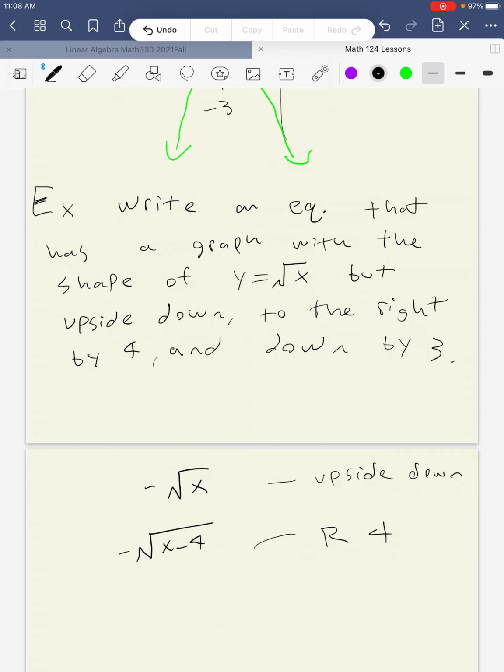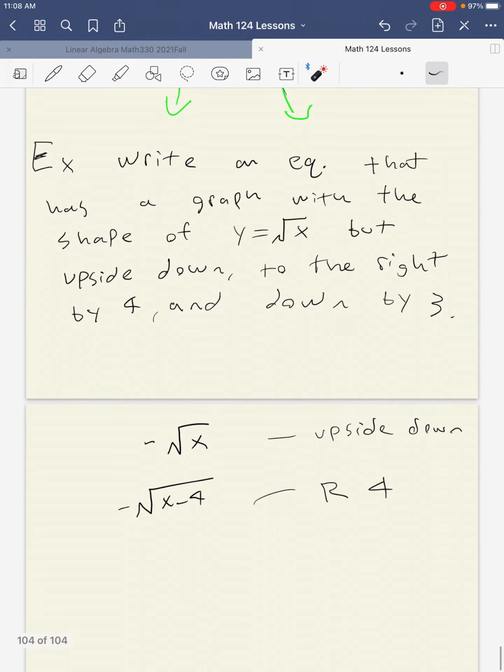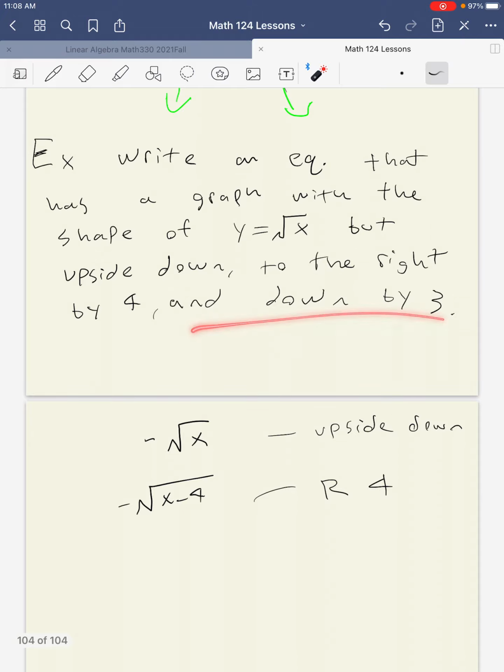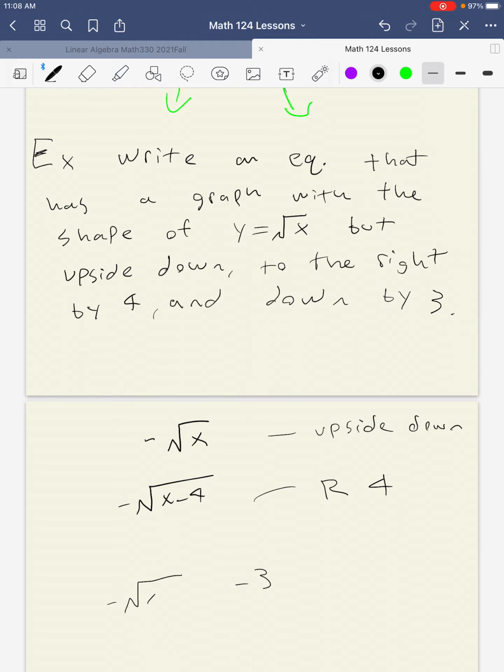That goes to the right by 4. Last transformation is down by 3. How we do that is we minus 3 to the outside of everything. Okay, and that is the equation for the desired graph that we were asked about.